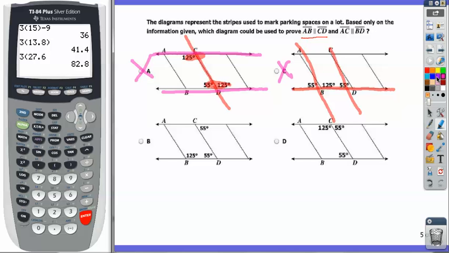And I'm not even checking my math yet. I know that these two have something, and that tells me these two are parallel, with little arrowheads. Now if I change the color, I got a 55 here and a 55 here, which tells me those two are parallel.